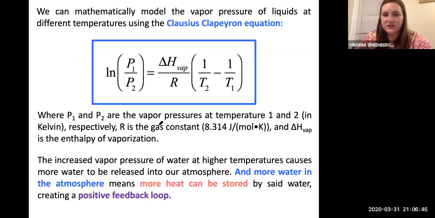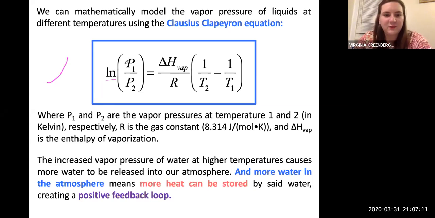So we can make predictions about how vapor pressure of a given liquid will change as we change the temperature. And we do that using this Clausius-Clapeyron equation. Okay, so you can see we have a natural log here in the equation, and that's referring to that exponential shape that we see in our vapor pressure curves.